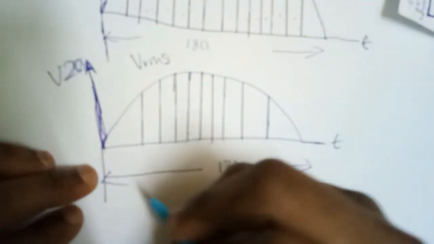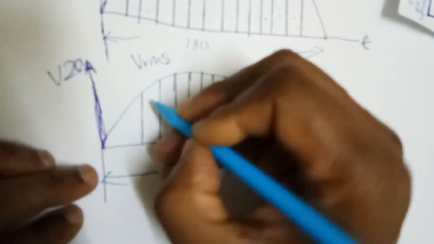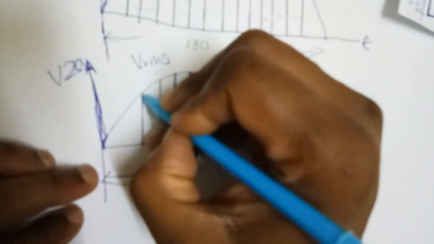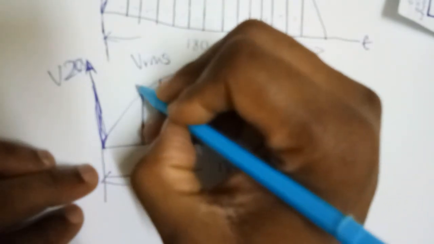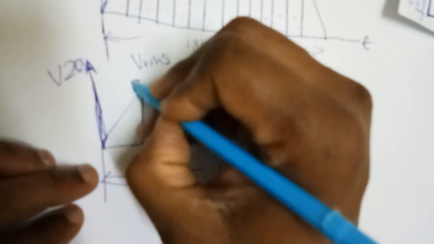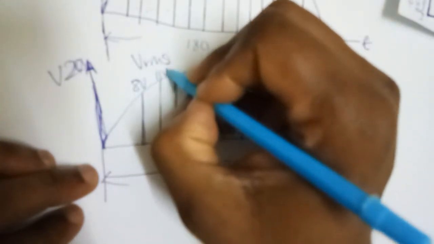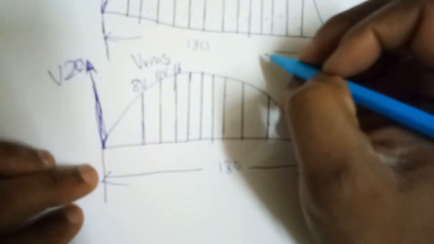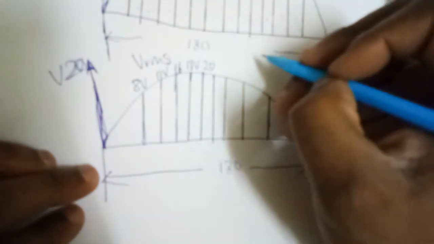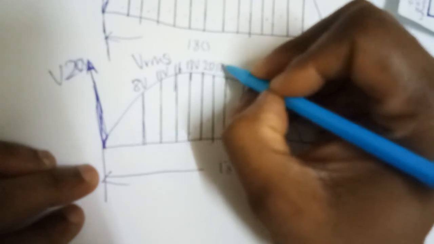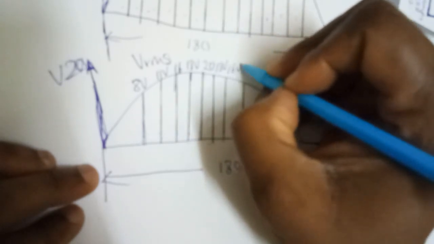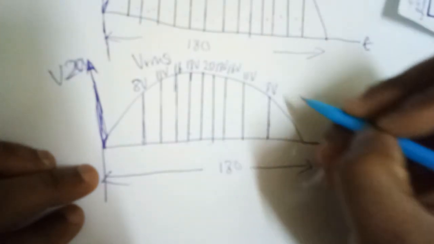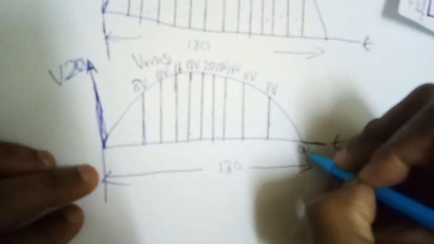Let's call this 8 volts, this is 11 volts, this is 16 volts, this is 18 volts, this is 20 volts, this one is 18 volts, 16 volts, 11 volts, 8 volts, and 0 volts.